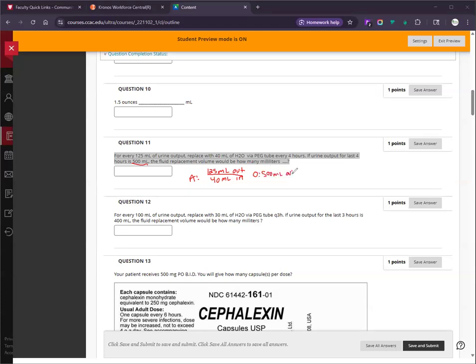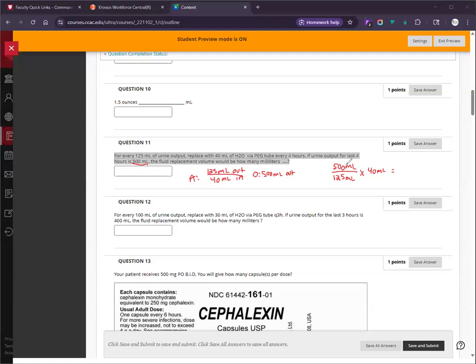Again, that's out. You don't have to write the ins and outs from here on out. I just want to let you know where those numbers are coming from. If I'm solving this, I take my order, which was the actual output, what the patient actually voided, over my available or expected output, and then times my replacement volume.